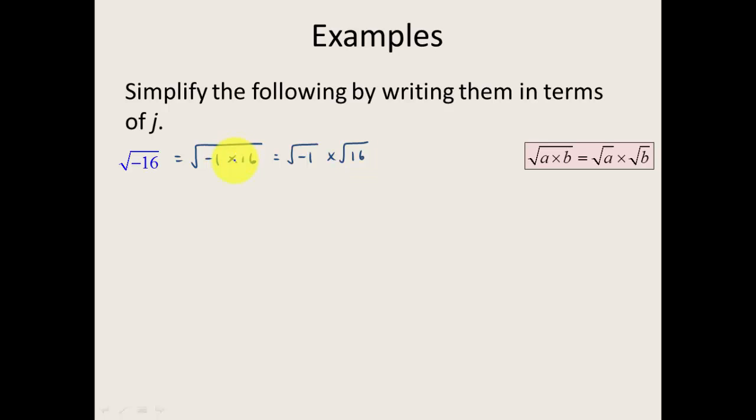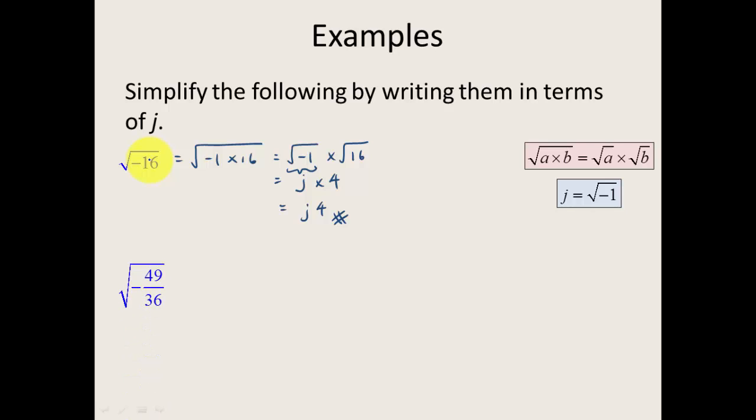I can only do that because this is a multiplication. Remember, j is the square root of negative 1. So the square root of negative 1 here becomes j. How about the square root of 16? It is just the number 4. So the final answer is j4.